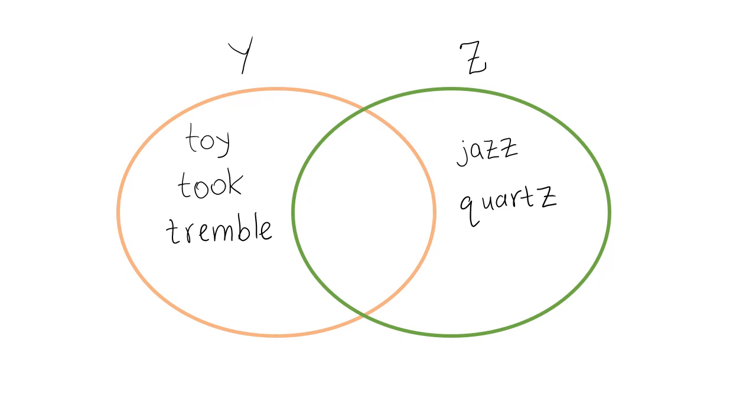So what you'll notice here is that if you take the intersection, which is the part that kind of overlaps between the two of them, you can have the word topaz. Right? So that's a word that starts with T and ends with Z.